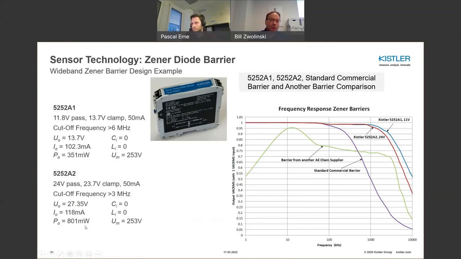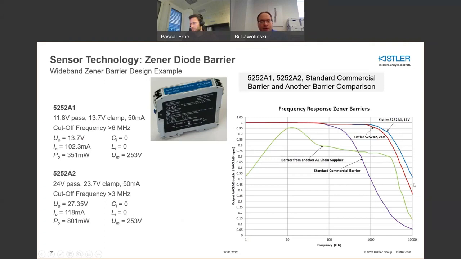Now, what's really cool is when you think about these barriers and you think about the application, I talked about very high frequency up to almost 1 megahertz. There's a lot of barriers out in the market that basically perform the same function, but are not capable on up to 1 megahertz. And what you see here is that at 1,000 kilohertz, 1 megahertz, you're absolutely flat out.